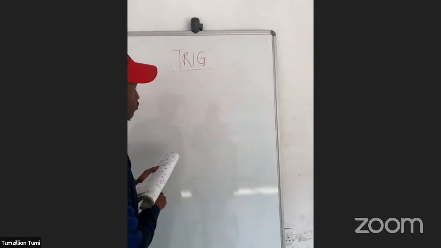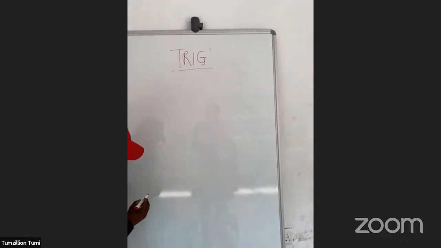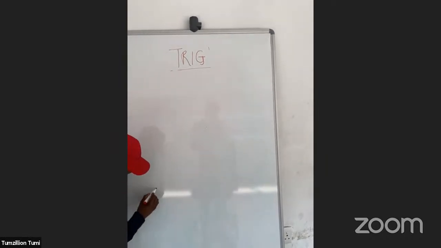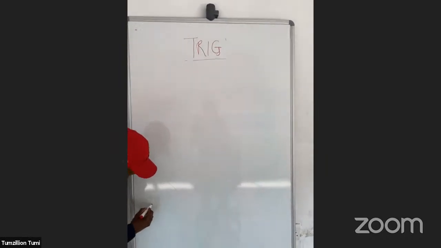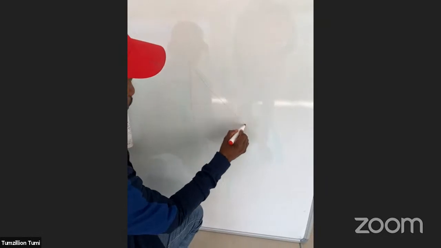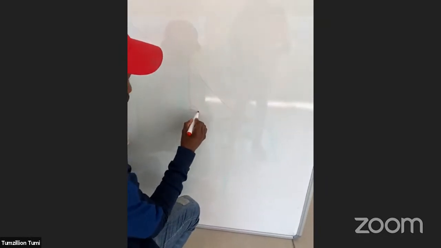Reduction formula. So let's draw our triangle. I will just start here. We have a triangle here. Still slippery, let me just go down a bit. I'm not sure if you can see that. All right, so we have our triangle here.